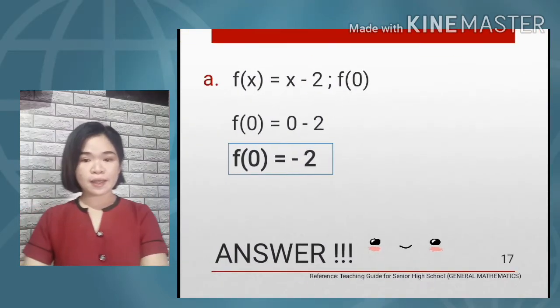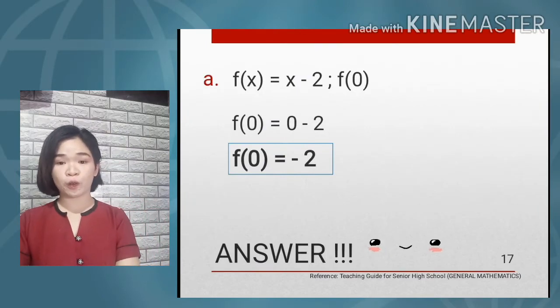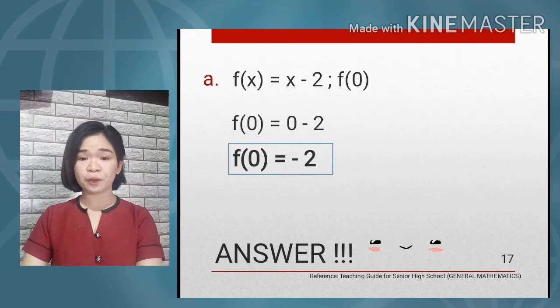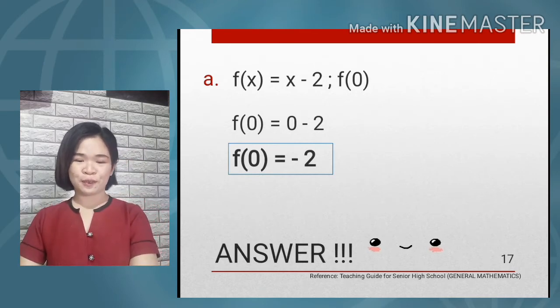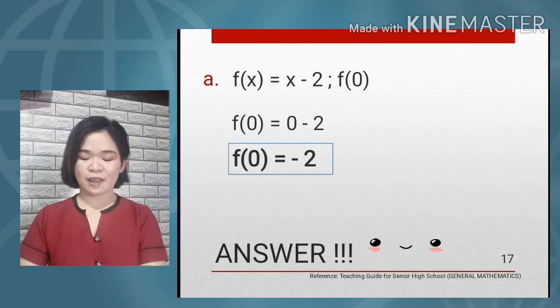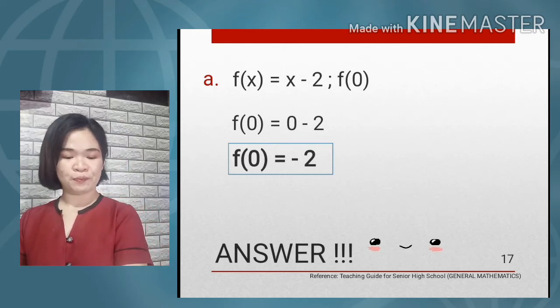So when we replace the value of x, f of 0 is equal to 0 minus 2. 0 minus 2 is equal to negative 2. If your answer is negative 2, you got it right. You are following our discussion.